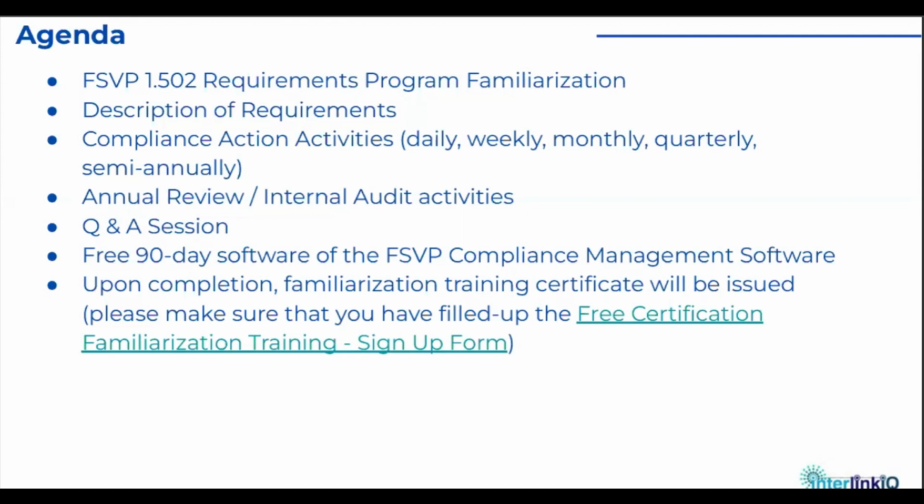Next, we will go through the compliance action activities or action items, which are the scheduled tasks performed on a daily, weekly, monthly, quarterly, and semi-annual basis to maintain compliance and ensure continuous readiness for FDA inspections. We will also cover the annual review or internal audit activities, which serve as essential checkpoints for ensuring that your FSVP system remains effective, up to date, and compliant with FDA expectations.